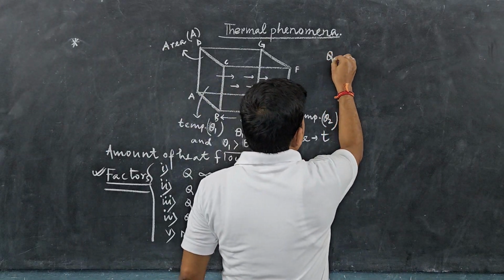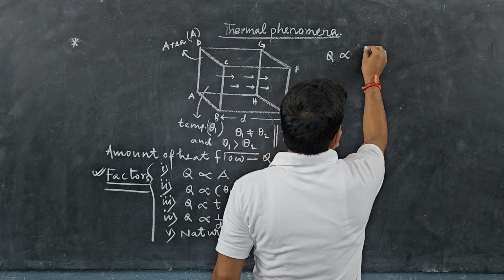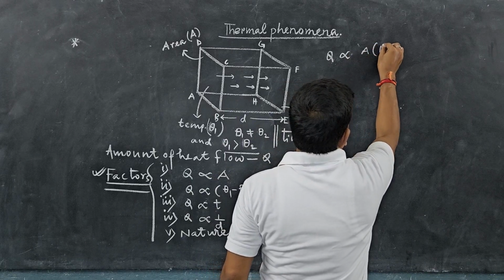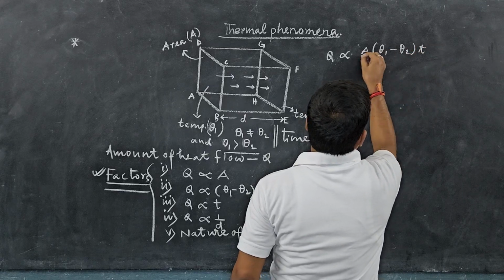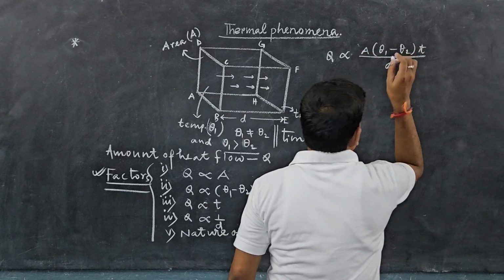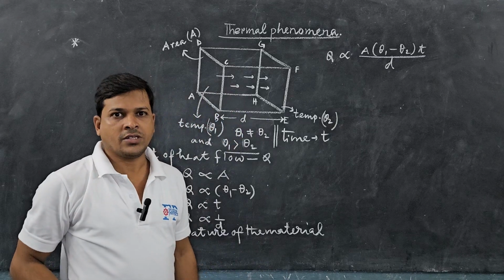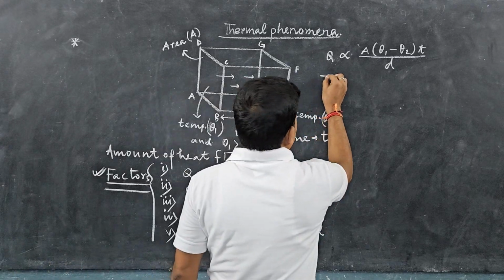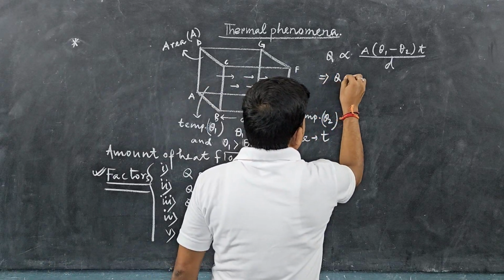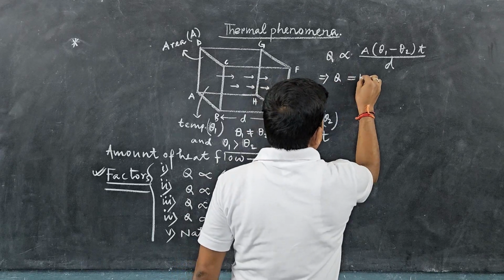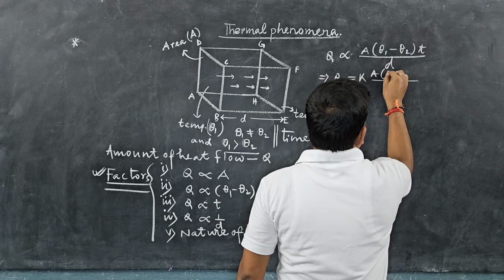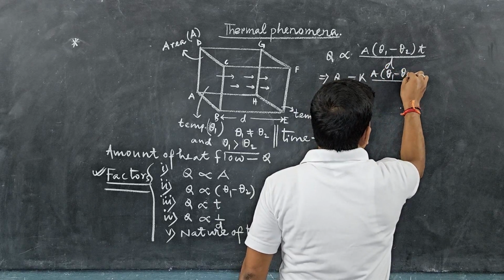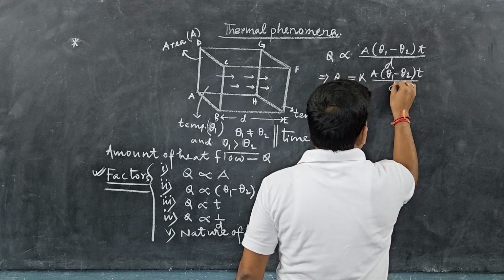That is Q proportional to A into theta 1 minus theta 2 into T divided by D. This is the mathematical representation: by introducing a proportionality constant K, Q equals K into A into (theta 1 minus theta 2) into T by D.